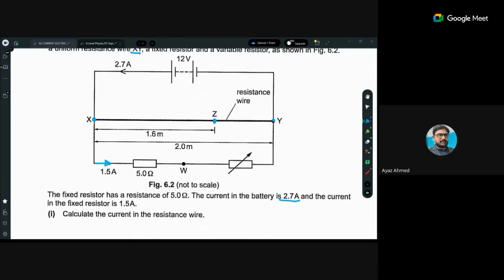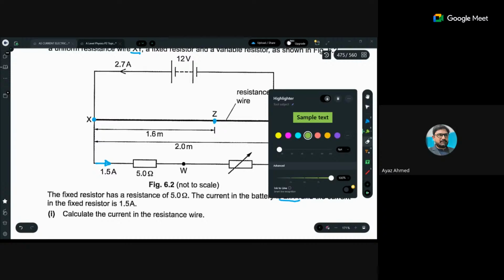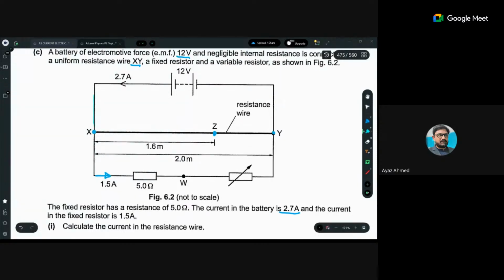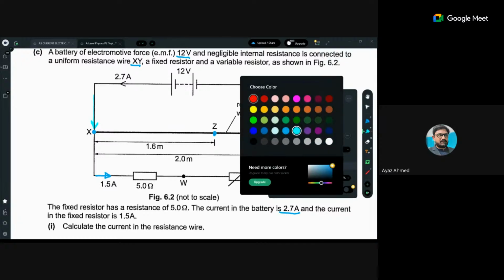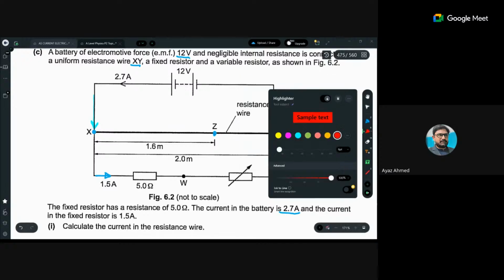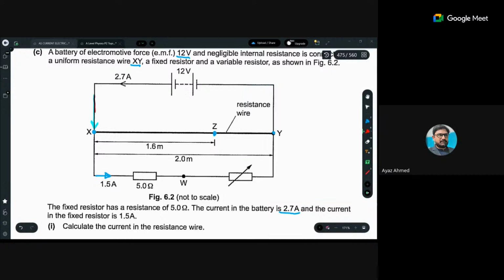One mark question. As I told you, this is the potential divider circuit, and current divider circuit, both together. That total current is this much, right? That total current will be divided into two parts.